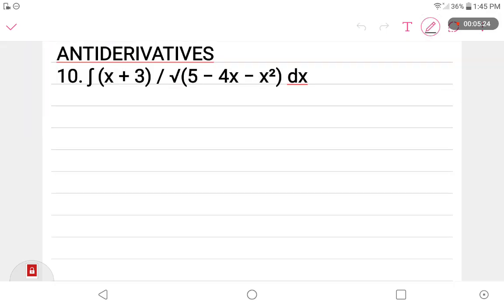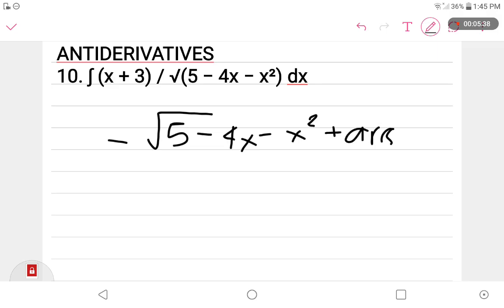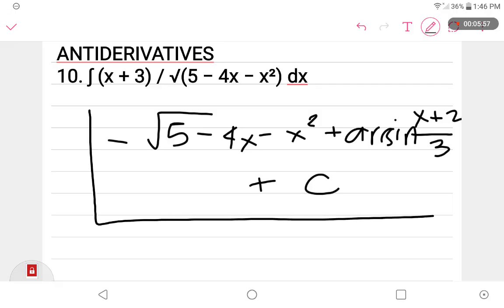After combining, our final answer should become negative square root of 5 minus 4x minus x², plus arcsine of (x + 2) over 3, plus the constant of integration. So this right here can be your final answer.